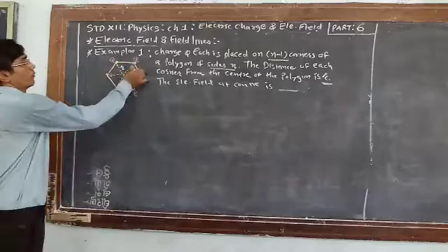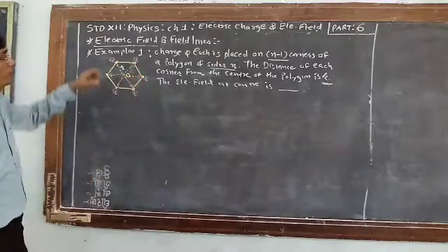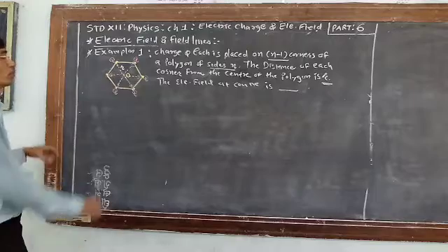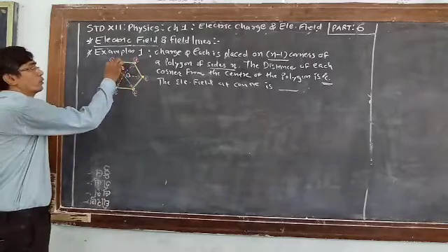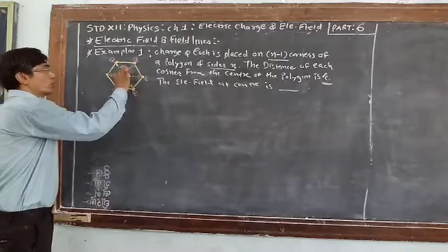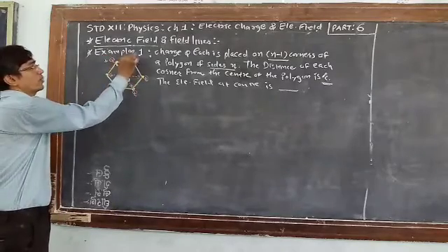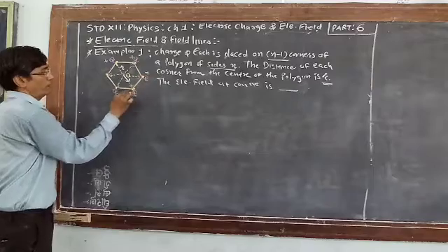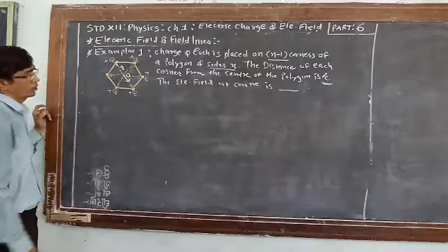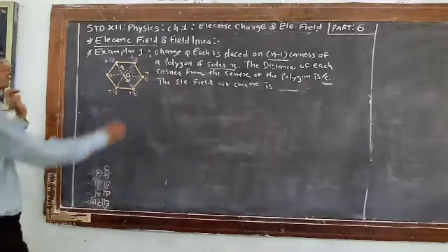So here we can take the electric field due to all the charges at the center. The electric field due to the first charge at the center O is in this direction. Here all the charges are positive, so the electric field is outward. Electric field lines are outward.